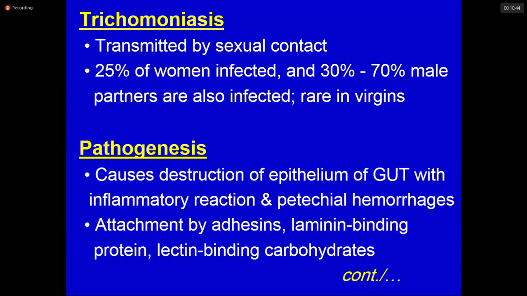Attachment to the epithelial surfaces of the UGS is by adhesin, from the name, for adhesion, and also by laminin-binding proteins, and by lectin-binding carbohydrates. All of these elements are used by the parasite for attachment.